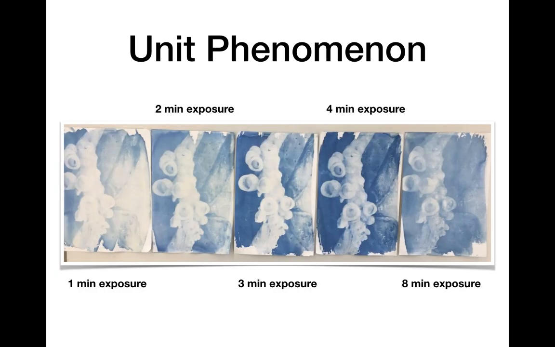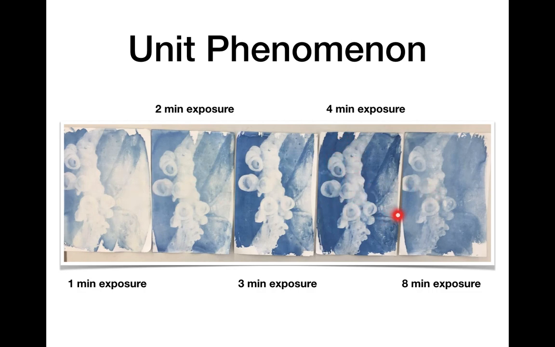So we can see the amount of time that the cyanotype was exposed to the sun, and these are from the squid dissection images that were taken. So we have 1 minute exposure up to 8 minutes. Okay, we can see how it's getting darker, and then it starts to get this really nice and crisp image at 4 minutes of exposure, but then it gets too far.